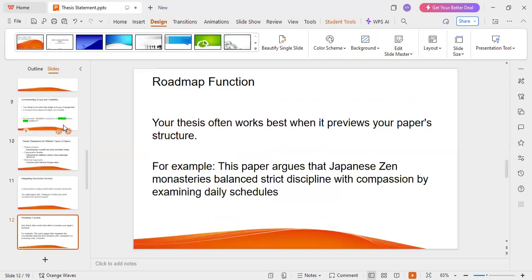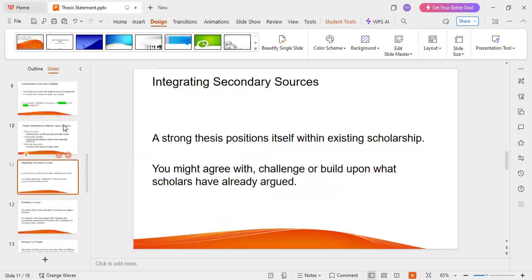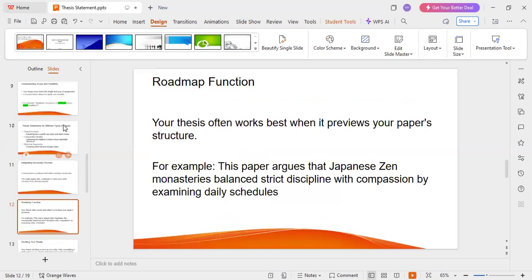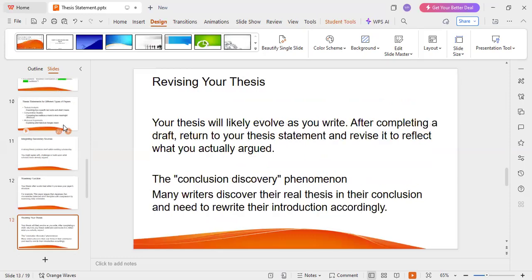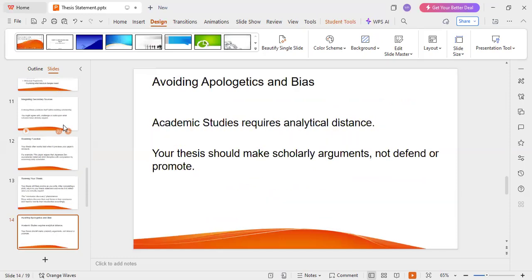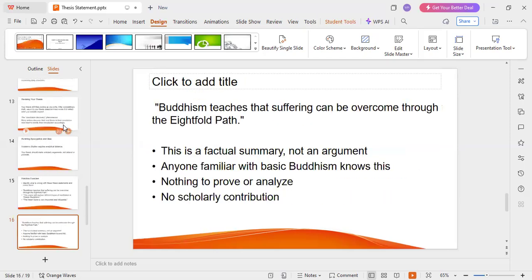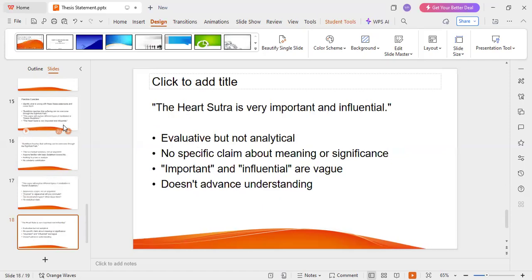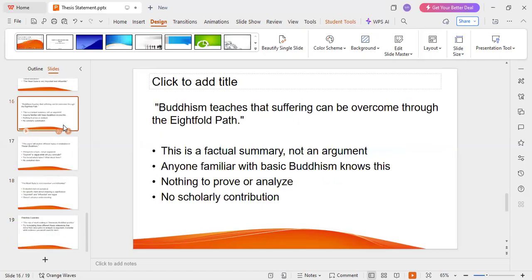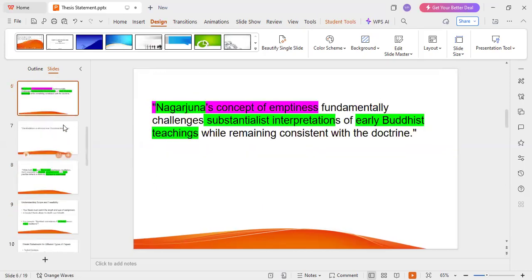And also we need to talk about integrating secondary sources into thesis statements and the roadmap function of a thesis statement, and also why sometimes you have to revise your thesis. We'll talk about that in detail as well, and also why you have to be objective but not subjective, why you have to avoid biases. And then we will do some practical exercises like this, and also we will cater to your individual thesis statements.